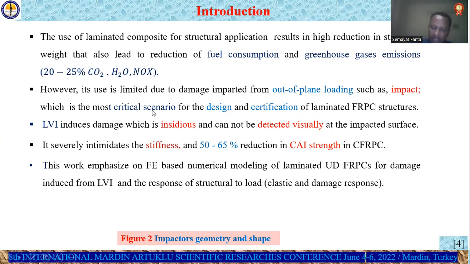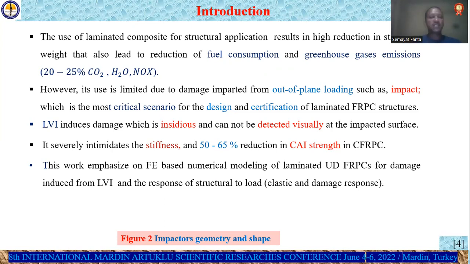However, the use of laminated composite is very limited under out-of-plane loading conditions, such as impact loading. This impact loading causes critical damage in the structure. The damage is highly insidious and not easily detectable at the impacted face.